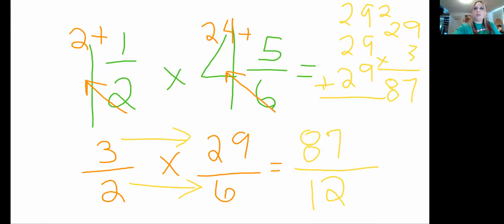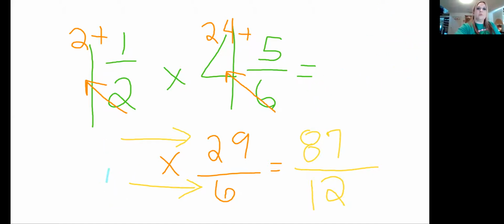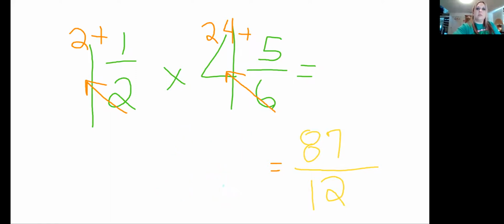Okay, so let's go ahead and you can catch up at this time. I'm going to go ahead and erase this. Also erase this. And I will go ahead and enter in my answer. 87 twelfths up here. All right.